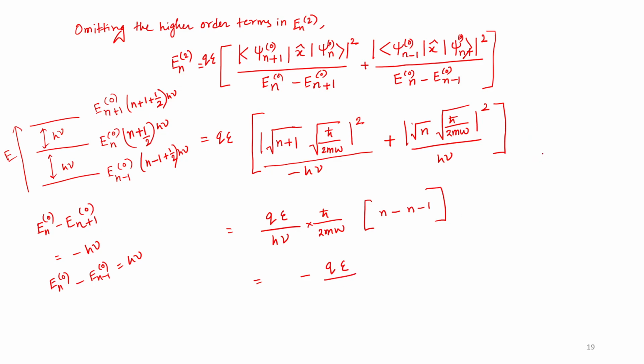So I was saying that your omega is 2 pi nu, so your nu is omega by 2 pi. h into omega into 2 pi, and again h cut is h by 2 pi, and here you have 2m omega.